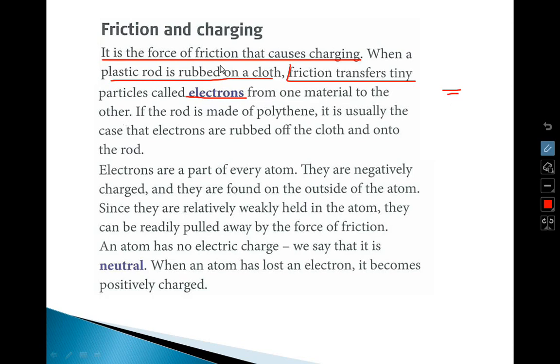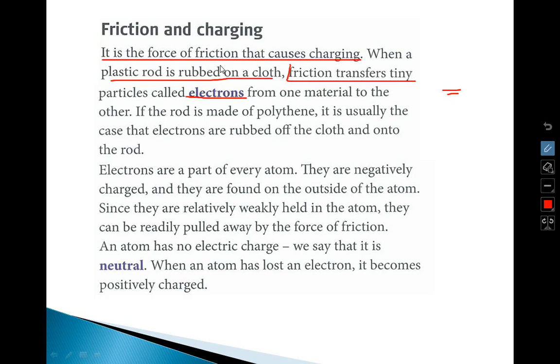If the rod is made, for example, of polyethylene, it's usually the case that electrons are rubbed off the cloth and onto the rod.